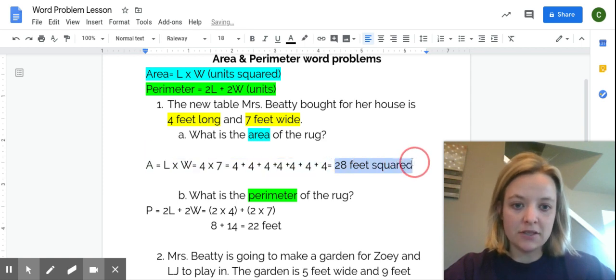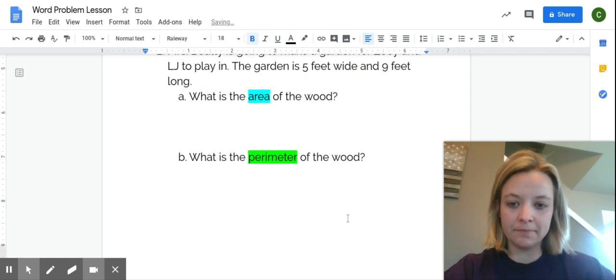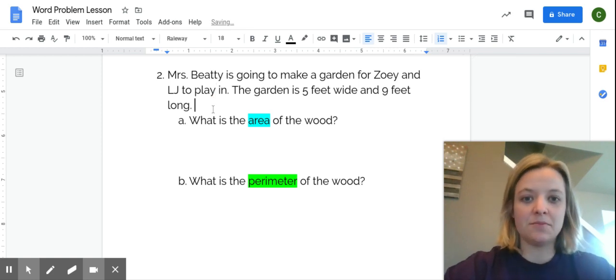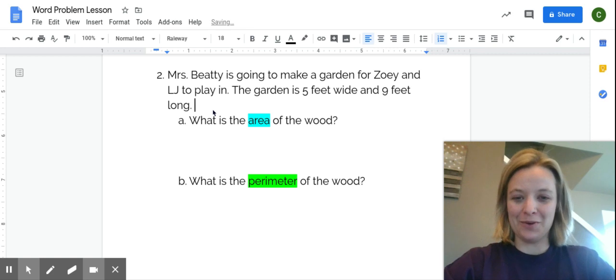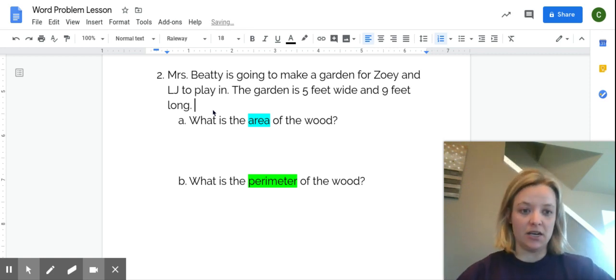You don't have to do this, but if you want to, you can bold your answers and then move on. All right, next word problem. Mrs. Beatty is going to make a garden for Zoe and LJ to play in. I'm such a nice animal owner. The garden is 5 feet wide and 9 feet long.